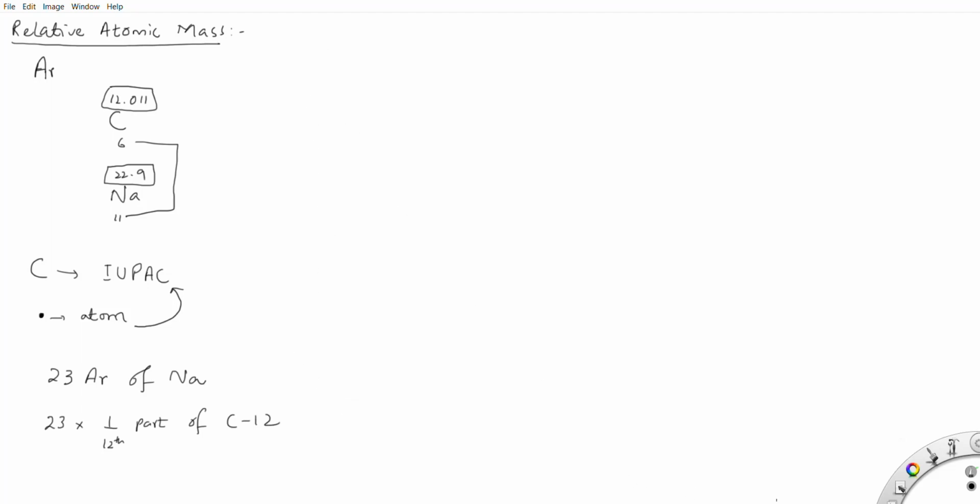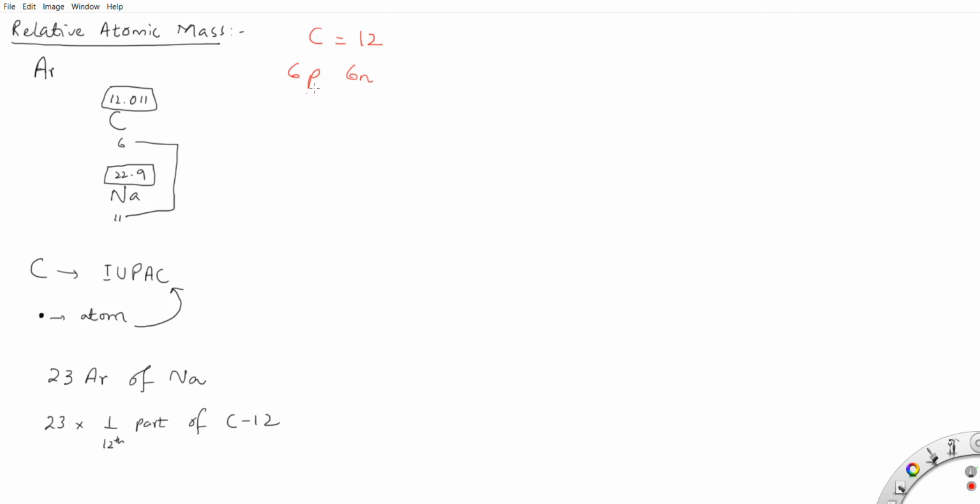It is initially believed that carbon has 12 parts, and now we can work this out, that it has basically 6 protons and 6 neutrons. And so far the mass of a proton is almost equal to that of a neutron.